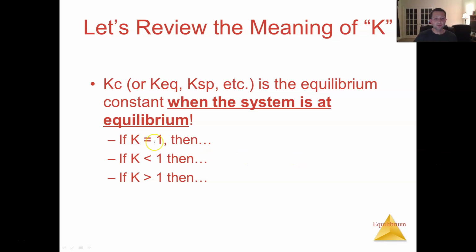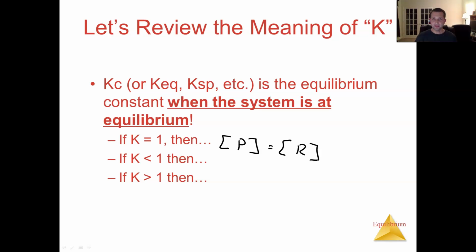If K is equal to 1, what does that mean? If we go back to our first main lesson on this, if K is equal to 1, then the concentration of products is equal to the concentration of the reactants. That means the reactant and product concentrations are exactly the same. This is pretty rare.